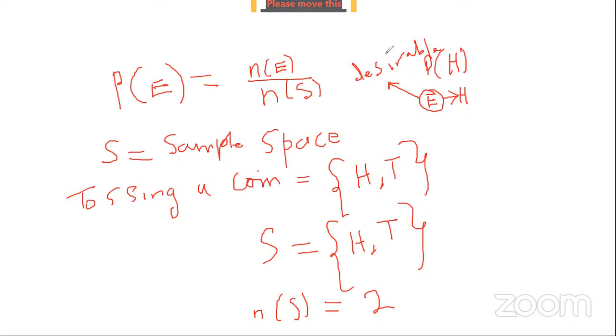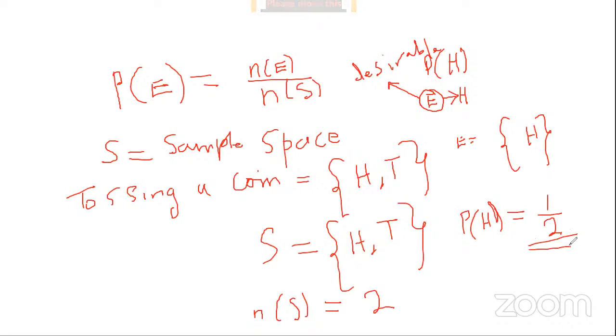So E, which is the event, will be equal to a head, if our interest is getting a head. Then we would say the probability of getting a head is the same as the number of heads, which is 1. Then we divide this by 2. And that is how we get the probability of a head equaling a half.